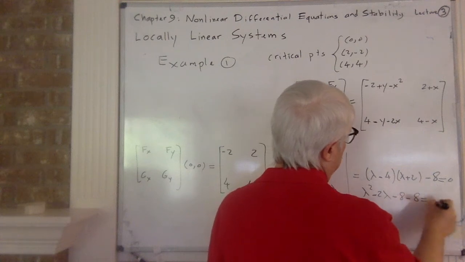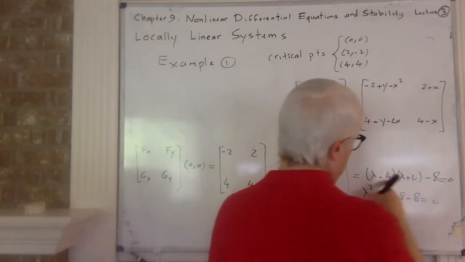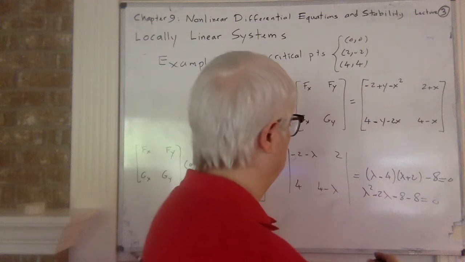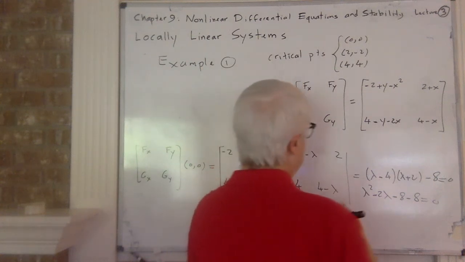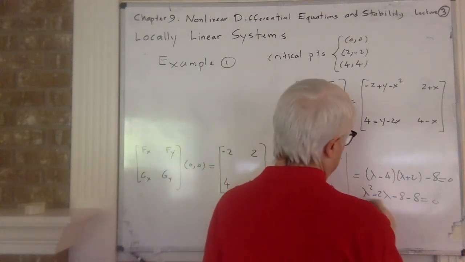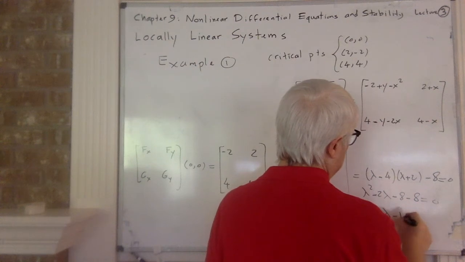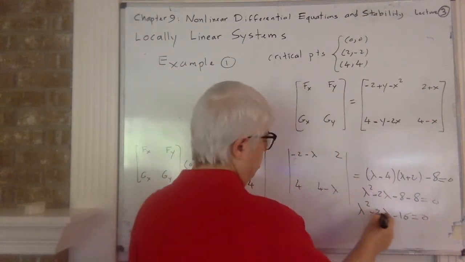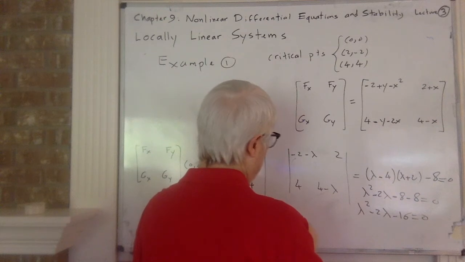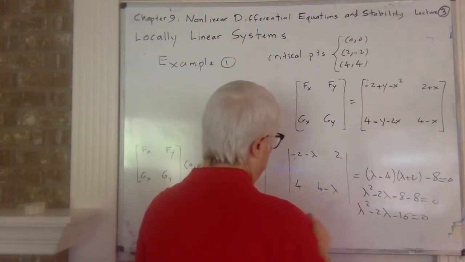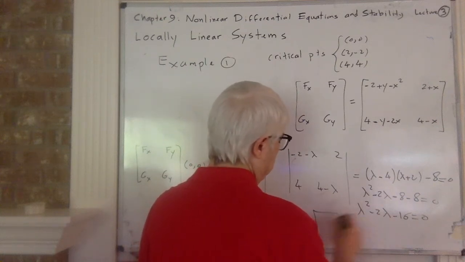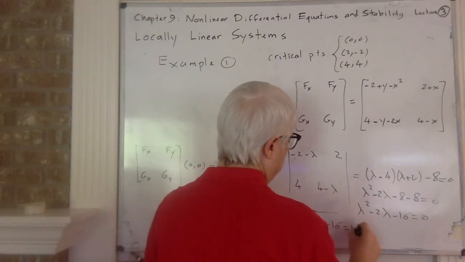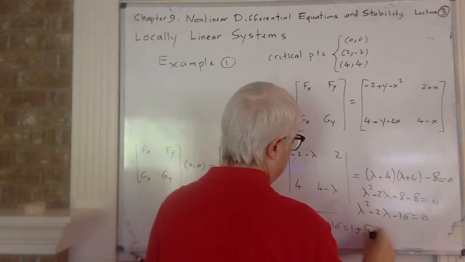Minus 4 plus 2 is minus 2, 4 times 2 is 8, and there's also another minus 8, so lambda squared minus 2 lambda minus 16 is 0. And well, let's use that other format, 1 plus minus, this is real, so that's 1 plus 16. So it is 1 plus minus square root of 17.